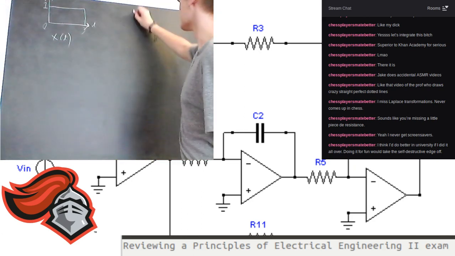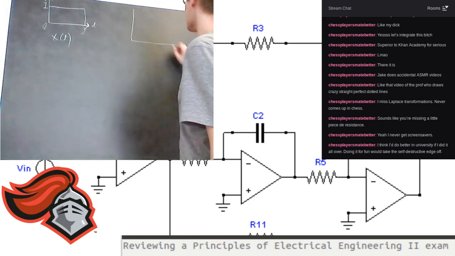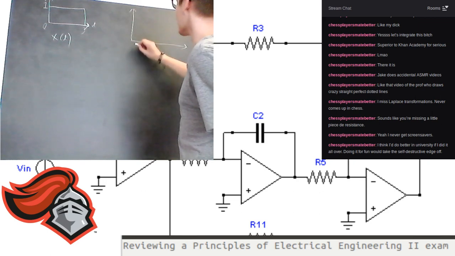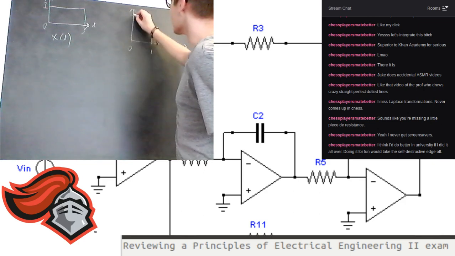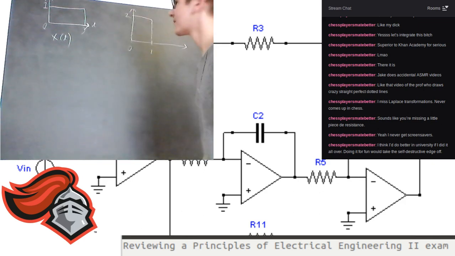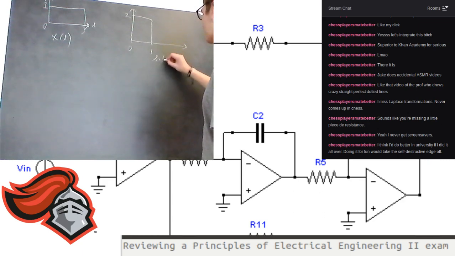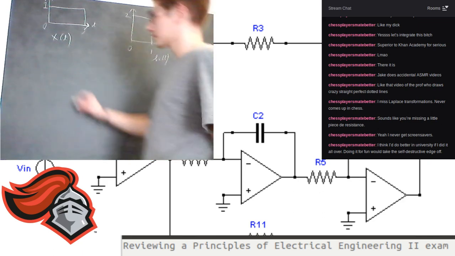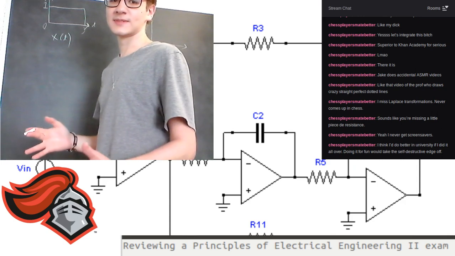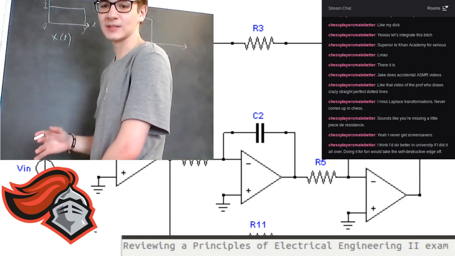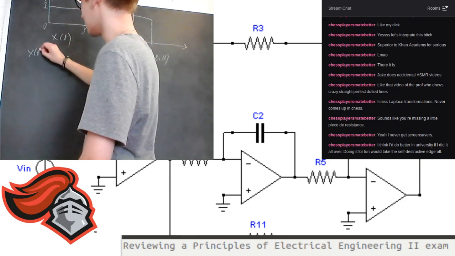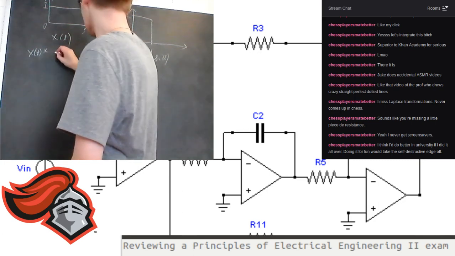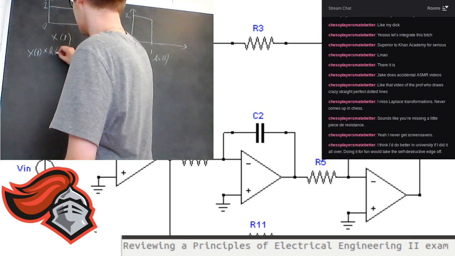And then we also had something similar over here, where it went from 0 to 1, and then the function value was 2. And this was our h(t). So all we needed to do was use semi-graphical convolution to find x(t) convolved with h(t).